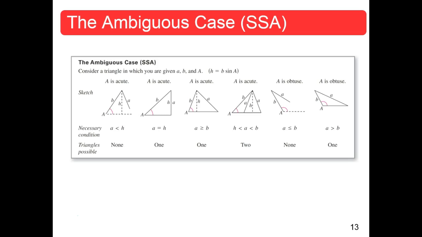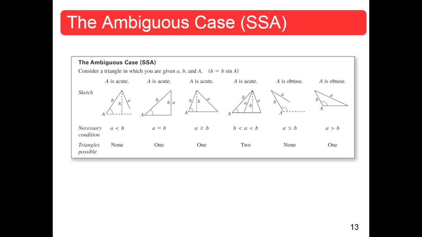If A is greater than h, okay, then everything's fine, okay? But they're not even dealing with that yet. They're saying if A is greater than B, or equal to B, then you have one and only one triangle as well, if A is acute.